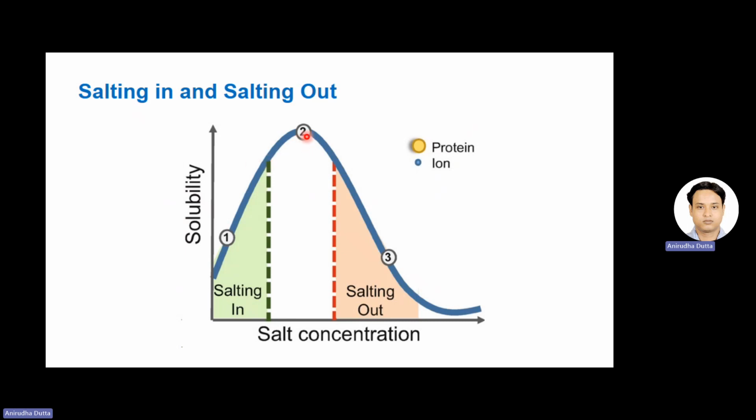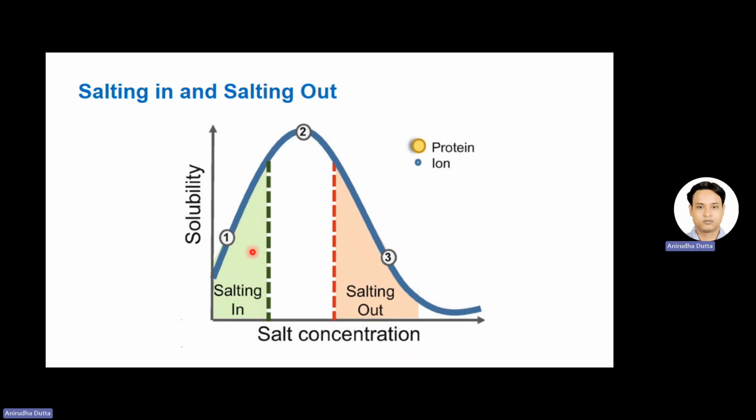Okay, then after it has reached the highest solubility stage, if you keep increasing the salt, it will then decrease the solubility of the protein. That means it will induce protein aggregation and precipitation. That means it will remove protein from the solution. So that's why this process is called salting out.